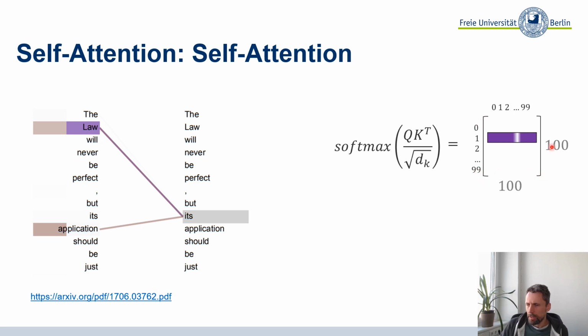The output here is full of numbers, and I just visualized one of those rows. Softmax will operate on each of these rows, so the sum of all these 100 numbers will be 1. This corresponds to an input weighting.